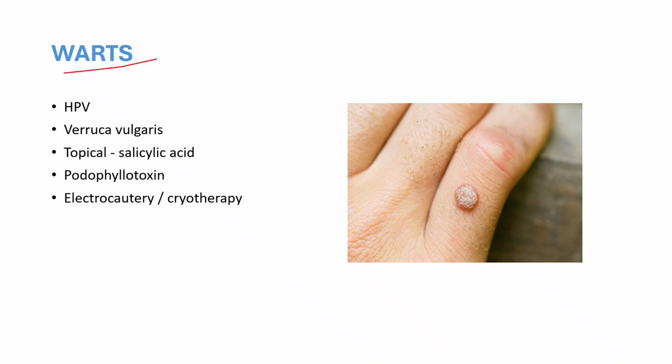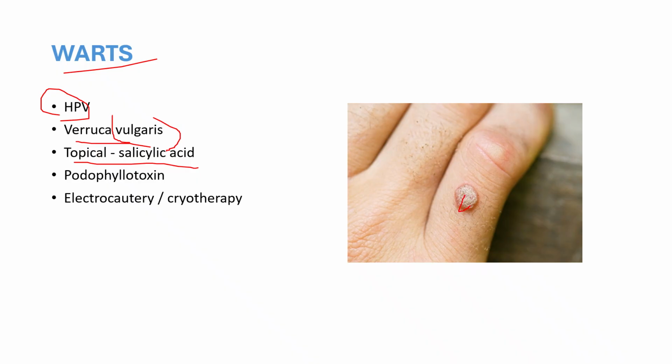Next is warts. Warts is caused by papilloma virus, okay, HPV virus. And the common wart is called verruca vulgaris. Vulgaris, I've told you, the term itself means common. So the common type of wart is called verruca vulgaris. And topical treatment for warts is salicylic acid.